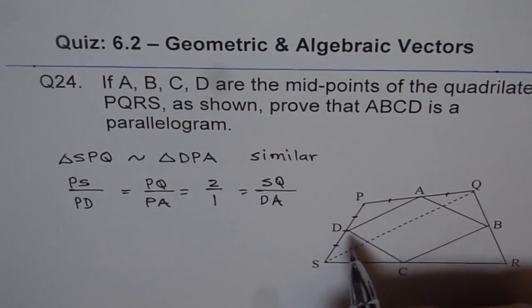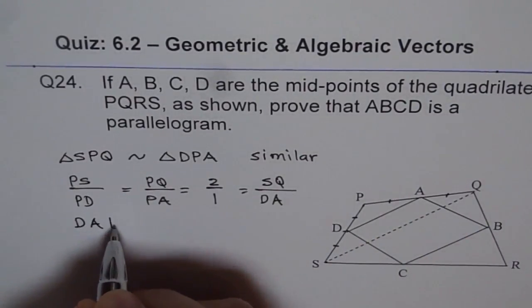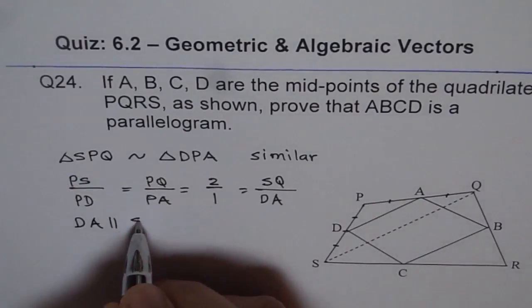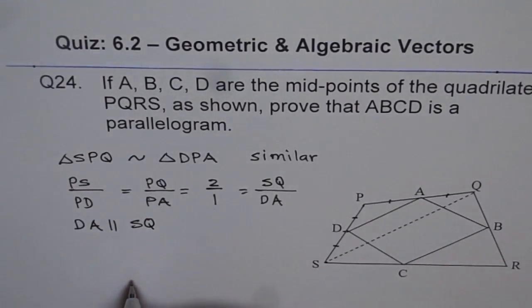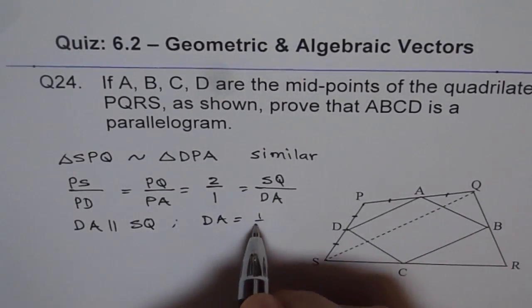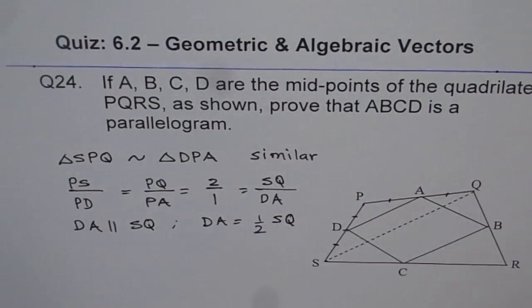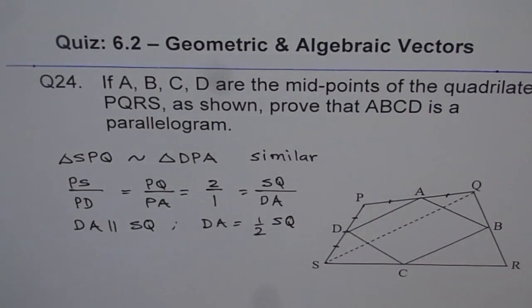That means DA is parallel to SQ, and DA is half of SQ. Or SQ is twice DA. So this is what it means.